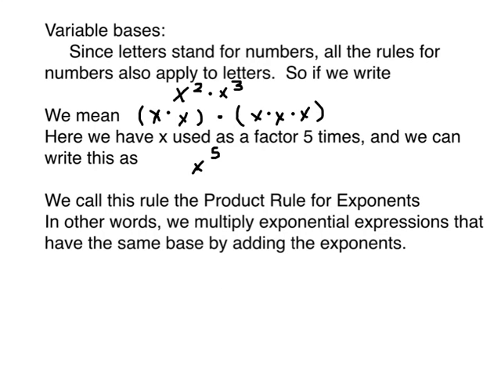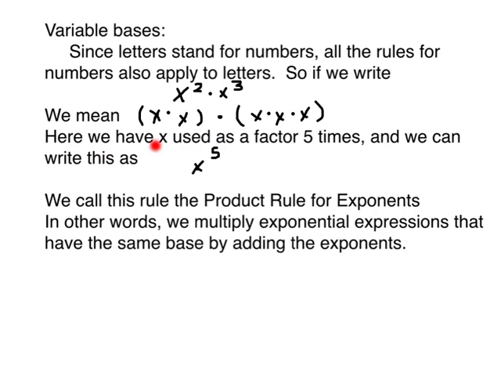All right, so variable bases. Since we know that letters in algebra actually stand for numbers, all the rules for numbers are also going to apply to letters. So if we write x squared times x cubed, what we mean by that is x times x, which is x squared, times x times x times x, or x cubed.